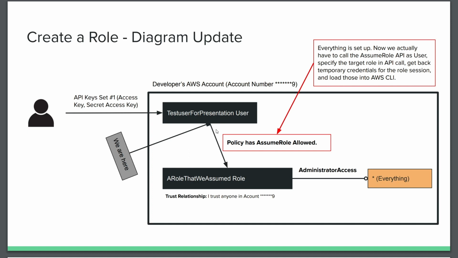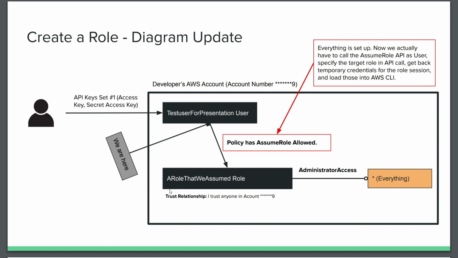We loaded those into our CLI, and we went from making calls as this user to making calls as this role. And the AssumeRole operation was successful because, A, the user was allowed to call the AssumeRole API, and B, the role itself trusted that user. So the user was able to call the API, and the role trusted the caller of the API.